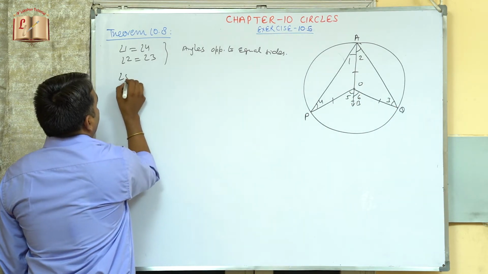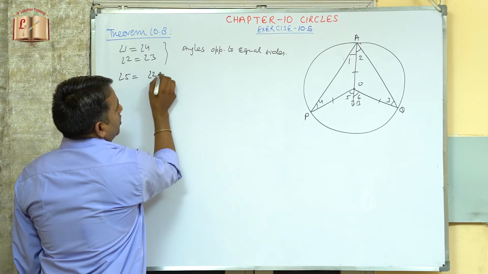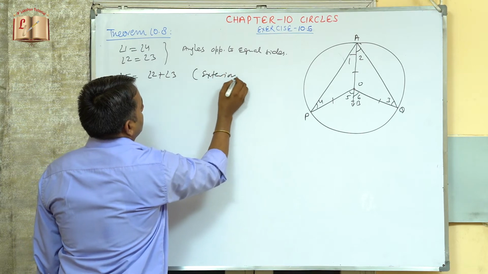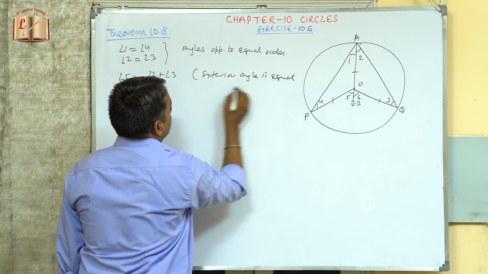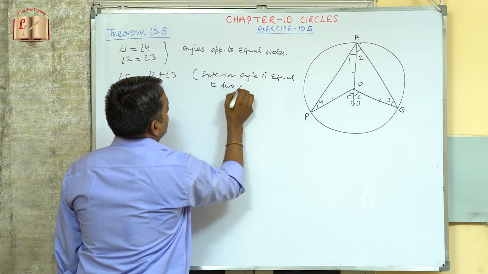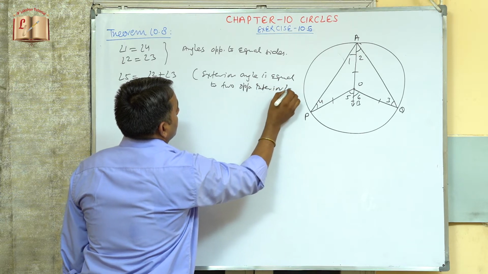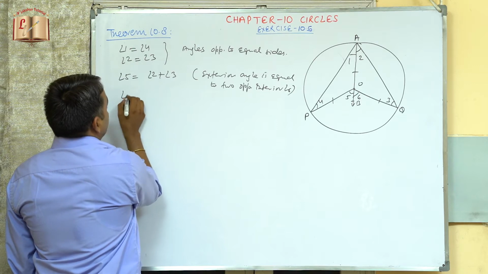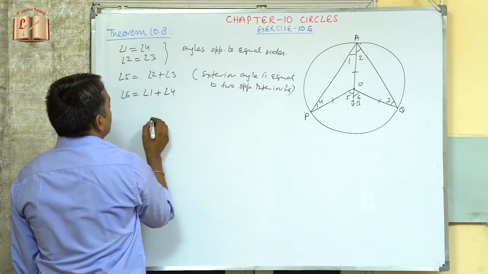Now angle 5 will be equal to angle 2 plus angle 3, since an exterior angle is equal to the two opposite interior angles, and similarly angle 6 will be equal to angle 1 plus angle 4.